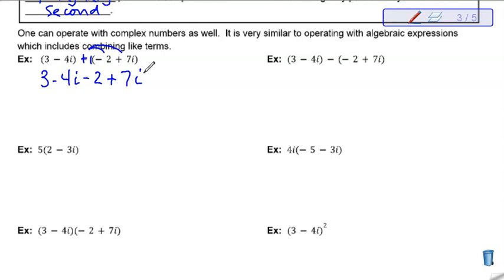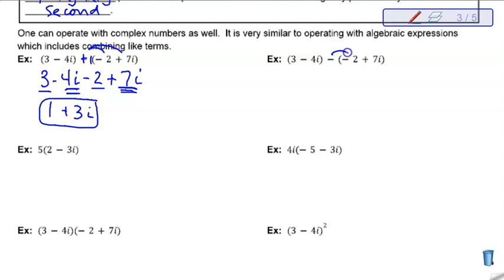And like I said, this is very similar to combining like terms. I'm going to combine the real pieces together, then I'm going to combine the imaginary pieces together. So 3 minus 2 gives me a 1. Negative 4i plus 7i is a positive 3i. And that's my ending complex result.